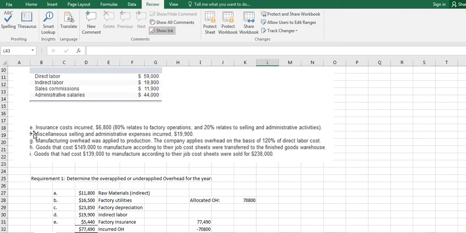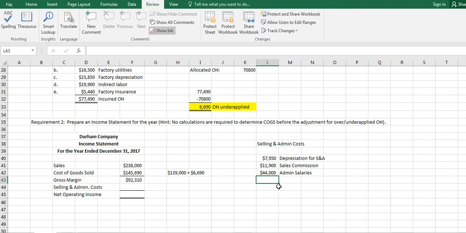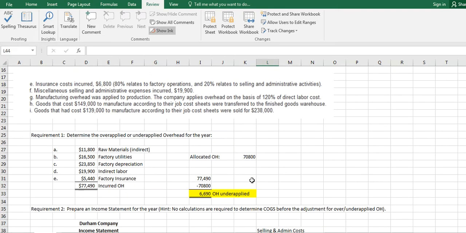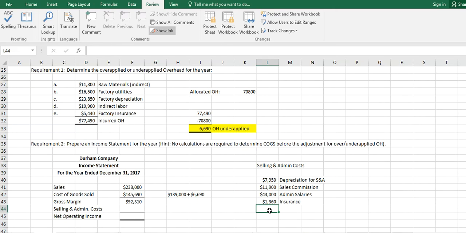Insurance cost, 80% for factory, 20% is selling and administrative. So 20% of $6,800 has to do with selling and administration. If we multiply that out, we get $1,360, and that's insurance. And then we've got some miscellaneous selling and administration, $19,900.